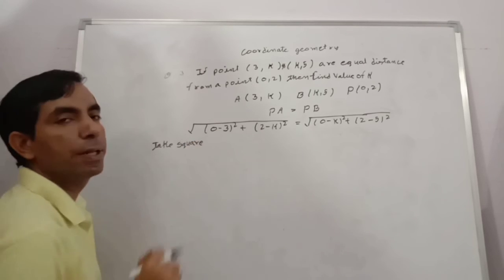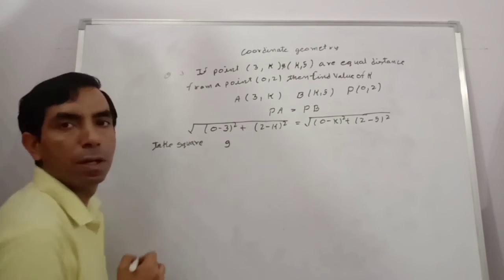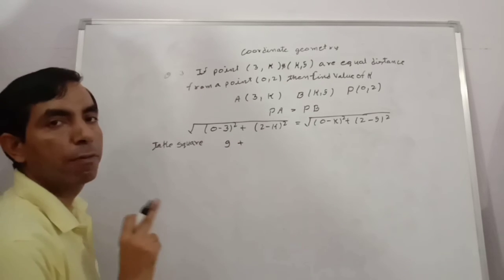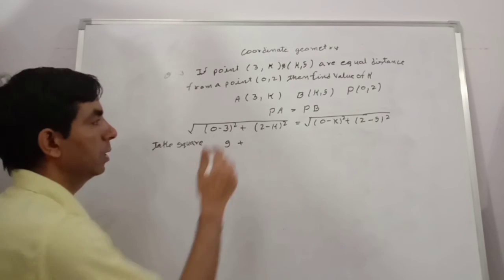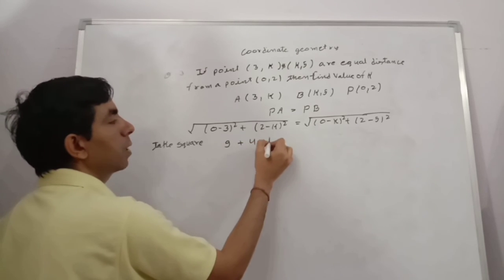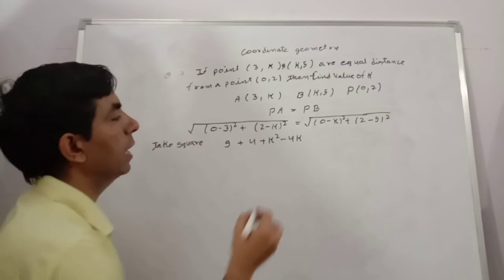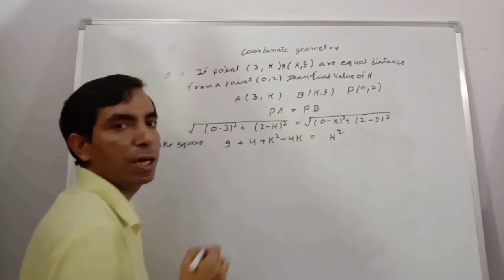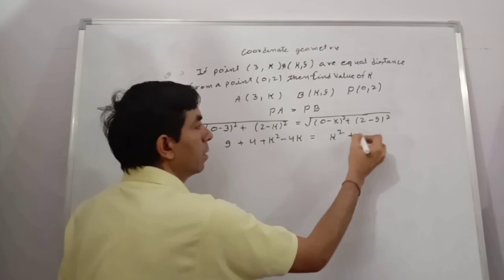So 0 minus 3 means minus 3, and minus 3 square is 9. Now we open the whole square. We always write a minus b whole square as a square plus b square minus 2ab. So a square is 4, plus k square, minus 4k. In the next, minus k square is k square, and 2 minus 5 means minus 3 square is 9.